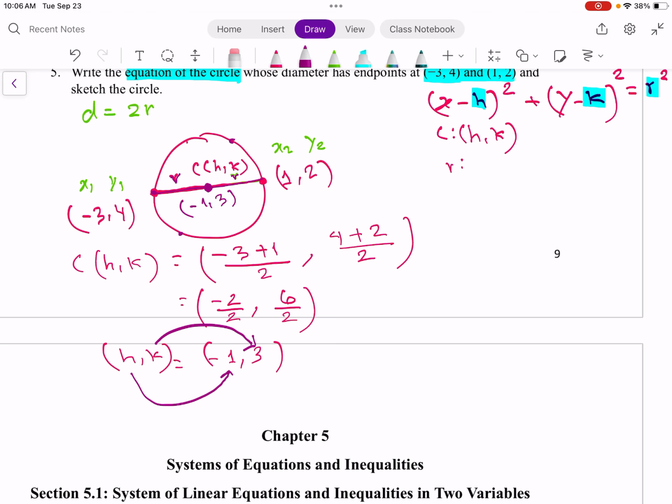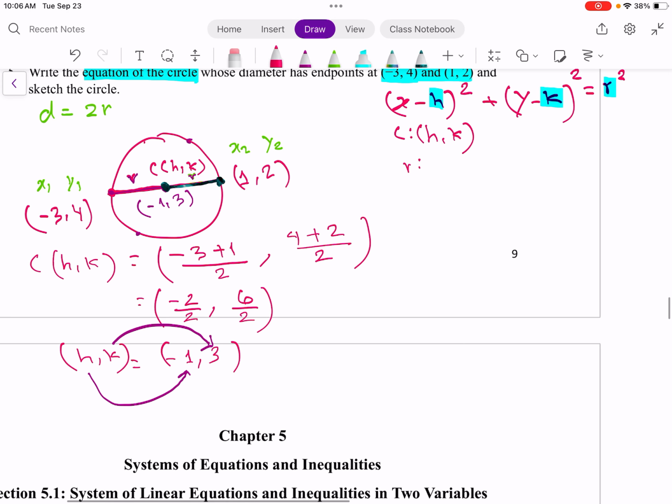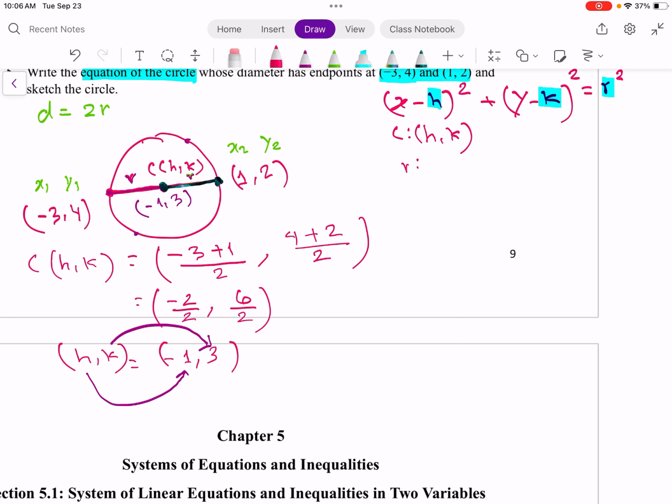Now we use the distance formula because our radius is the distance from this center to any point. Or you can take the other side. So let's find the distance from this center to the point (1, 2). How do we find the distance? Using the distance formula. Here our distance is r.